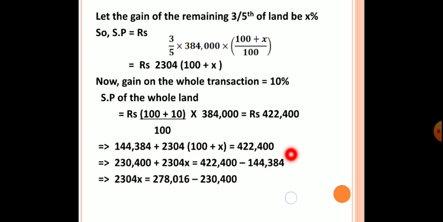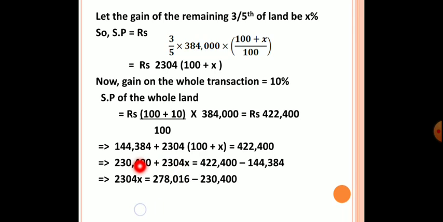Now this 1,44,384 will be taken on the other side, so it will get subtracted, and on the left hand side we will multiply this 2304 into 100, which will give us 2,30,400 plus 2304 into x, which is 2304x, is equal to this amount. In the next step we will have 2304x equals, on subtraction, the answer will be 2,78,016.